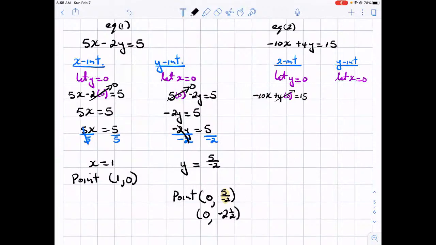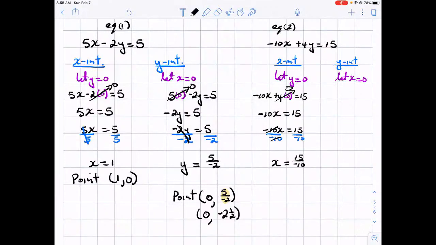4 times 0 is 0, so we're left with minus 10x is equal to 15. And we'll divide both sides by negative 10. Negative 10 divided by negative 10 is positive 1. So x is equal to 15 over negative 10.